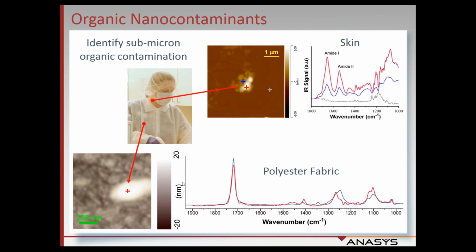Another application that's really exciting is looking at organic nanocontaminants. So if you use a cell phone or a computer, you are using materials that are made from silicon wafers, high-speed electronics that have very, very fine features.